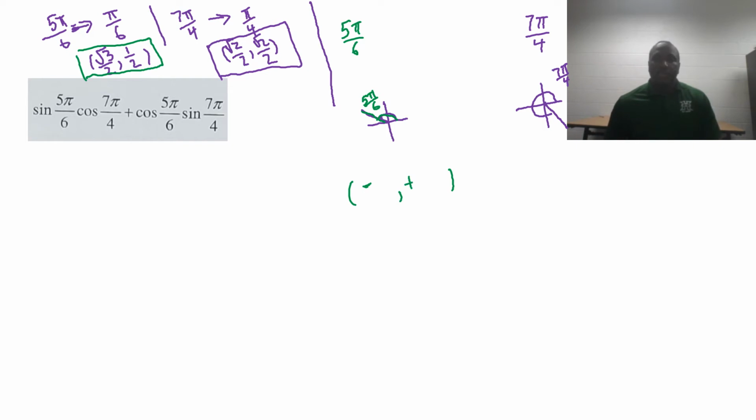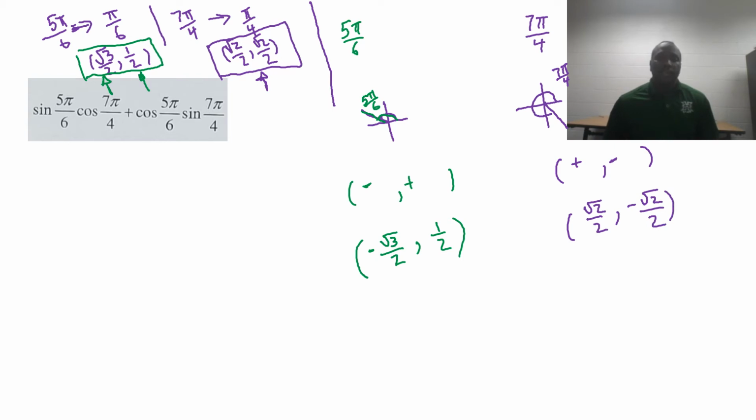In quadrant 4, where 7 pi over 4 is, it's positive first and then negative. So for pi over 6, we had radical 3 over 2 first, so it's going to be negative radical 3 over 2, comma, positive 1/2. For 7 pi over 4, our reference angle was pi over 4, so it's going to be a positive radical 2 over 2, and then a negative radical 2 over 2.